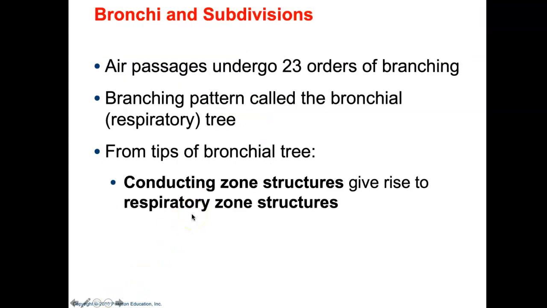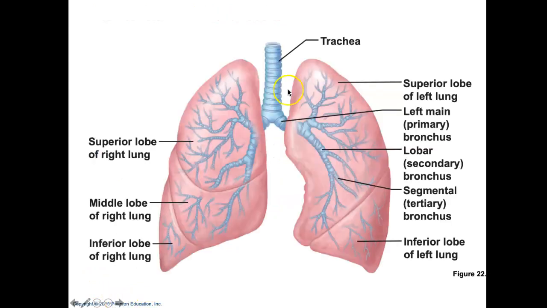So let's look at the bronchi and the subdivisions here. It's better if we just look at the images, I think, than going through some of the wording here. So here's my trachea. Here's my right bronchus. Here's my left bronchus. And then they'll talk about secondary bronchus, tertiary bronchus. They're talking about branching. If this is the first branch, it's the primary.